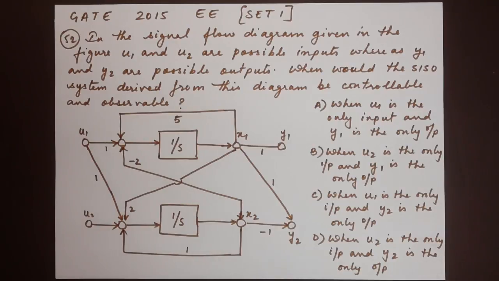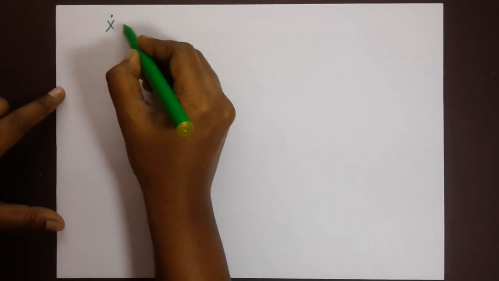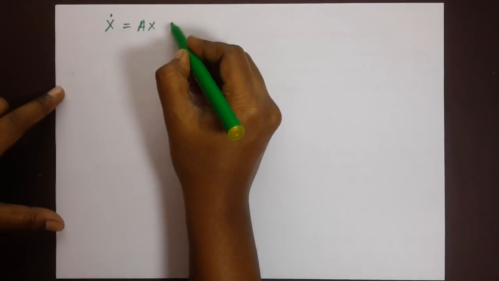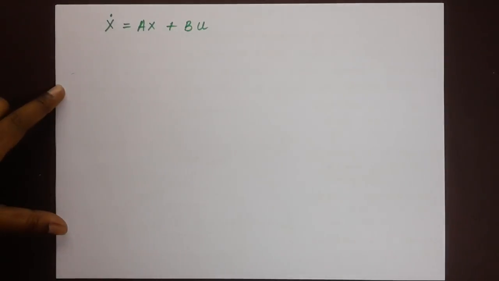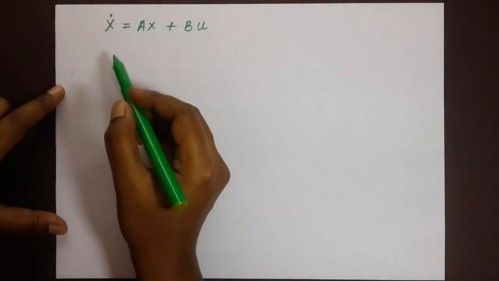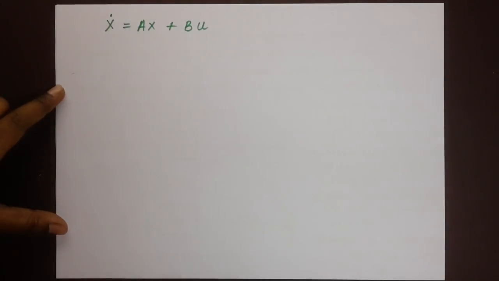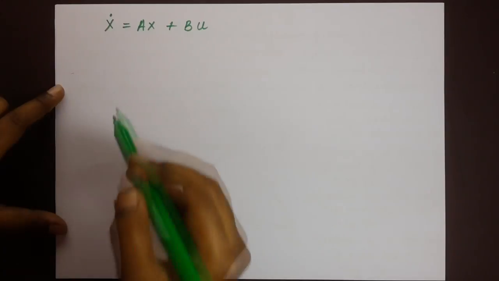Okay, so let's begin by first writing down the matrix equation from the block diagram given to us. I'll note it down here. Alright, so in general, our equation should be in the form x dot is equal to Ax plus Bu. So first we will write down from the given block diagram this expression for both inputs as well as the output equation. First let's start with the input equation.